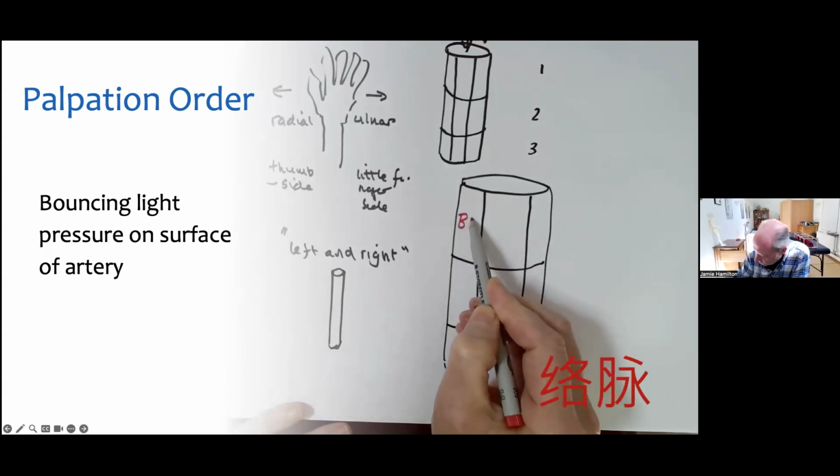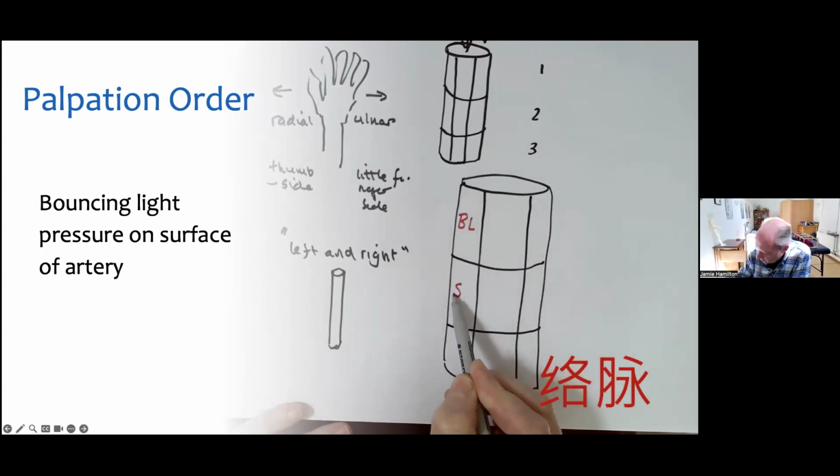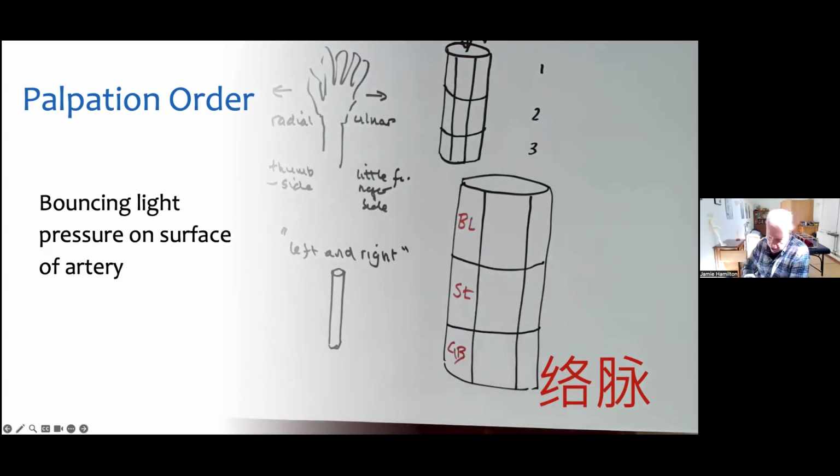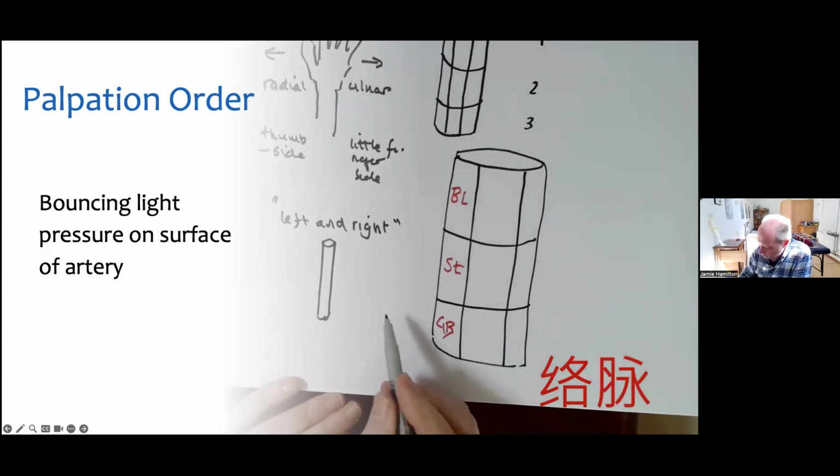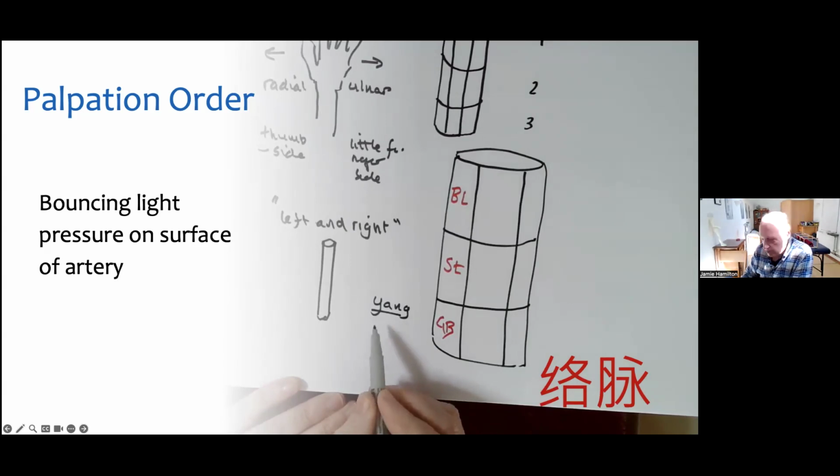So we have bladder, stomach, and gallbladder. Notice these are all yang channels, and they all start at the head and run down to the feet, from head to foot.